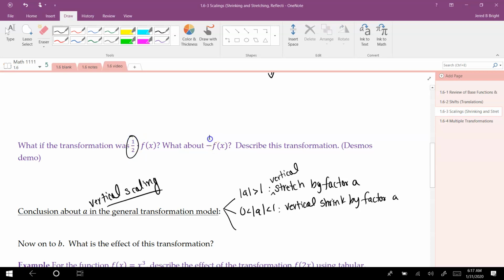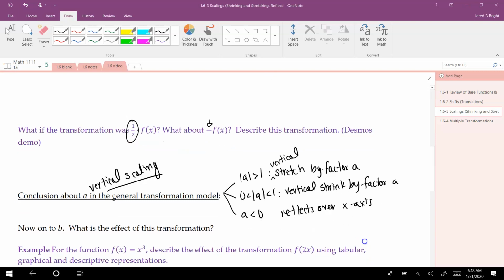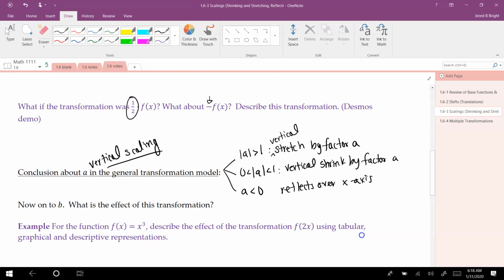We also have this negative case to deal with, and so if a is less than 0, we end up reflecting over the x-axis. So you could possibly have two transformations here. You could have a reflection and a scaling, a shrink or a stretch, or you could just have one of these. All right, B.